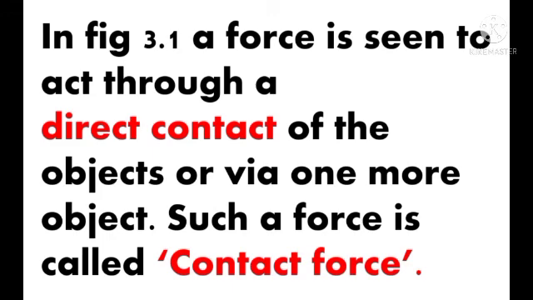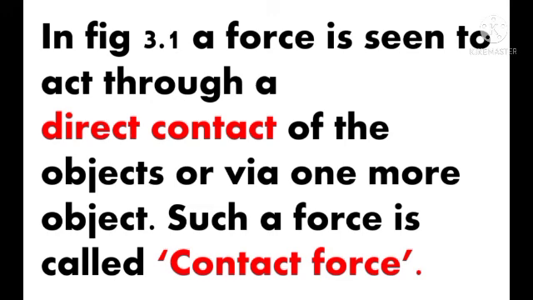Let's see here. In figure 3.1, which we have seen previously, a force is seen to act through direct contact. Yes students, we have seen the force acting directly on the two objects: the man with the car, a boy and the dog, and a boy with the football.